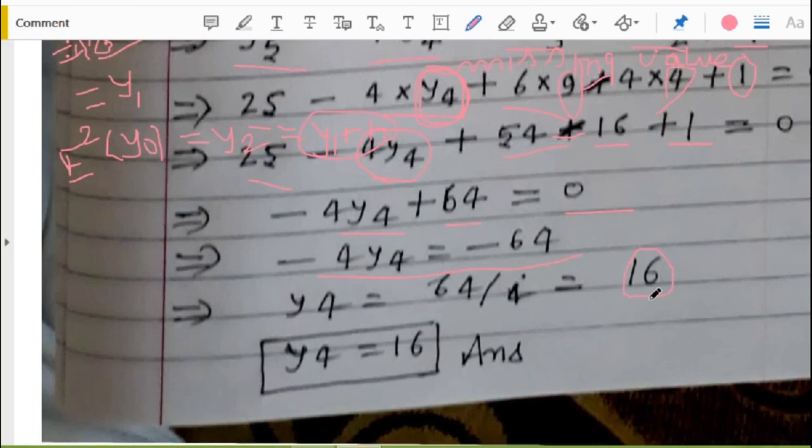By your common sense or common wisdom, you can also apply this. I told you that the function was y is equal to x square, and therefore missing value was 16. But by applying this method, we have also computed the value of y4 is equal to 16. So how we can nicely compute the value of missing values of the function?